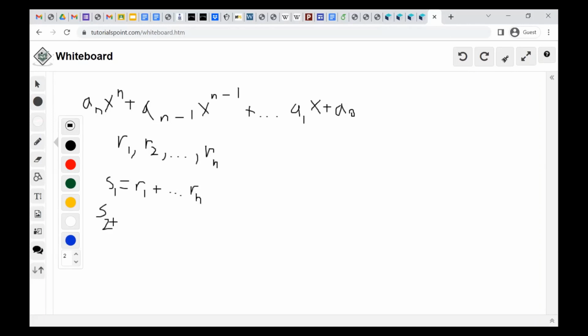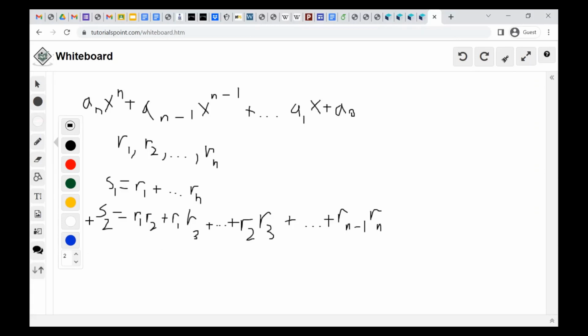S2 will be the sum of the product of all pairs of roots. So this will be R1R2 plus R1R3 plus dot dot dot plus R2R3 plus dot dot dot plus R(n-1)Rn.